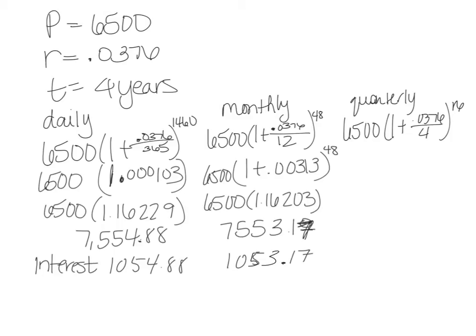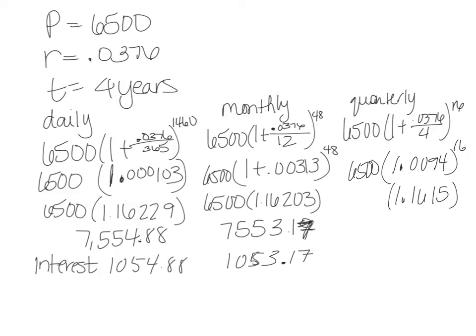And then quarterly, 0.0376 divided by 4 is 0.0094, and 1.0094 to the 16 power is 1.1615.